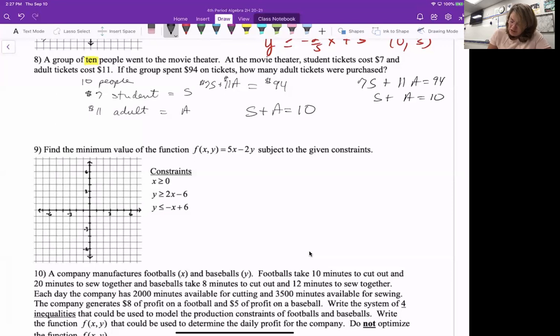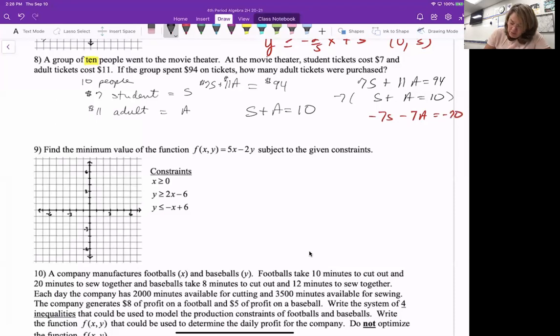I could do it by elimination or substitution. So how about we multiply the bottom one by -7, and I'll do this in red: -7s minus 7a equals -70.